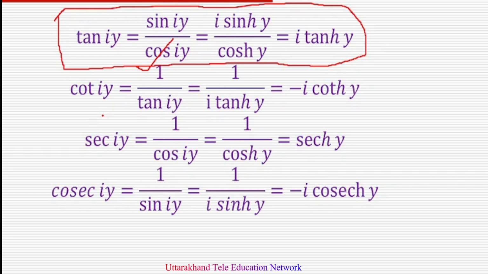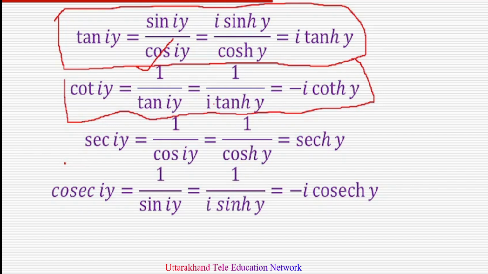We know that cot iota y is equal to 1 upon tan iota y, equal to 1 upon iota tan hyperbolic y, because we know tan iota y is iota tan hyperbolic y. This 1 is iota raised to power 4, so one iota will be cancelled out, this is iota cube, and iota cube is nothing but minus iota. That's why cot iota y is equal to minus iota coth y.